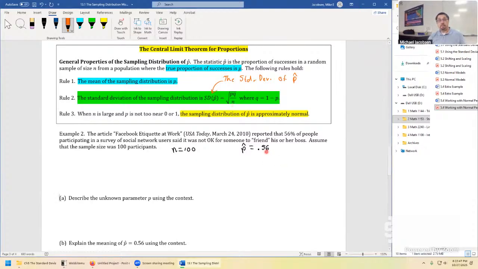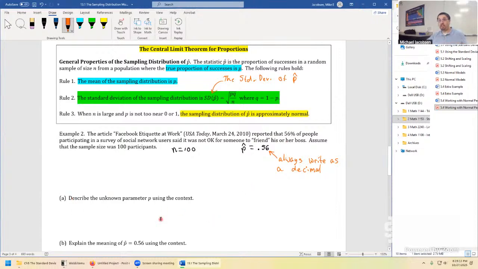Another thing that's going to be really major, especially in example 3 and the next part of the notes, is always write as a decimal. If we put the percentage into the formulas, we would get the wrong values out. So I'll try to maintain that as well as we go through the notes.